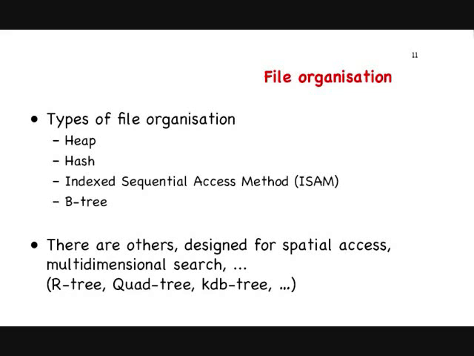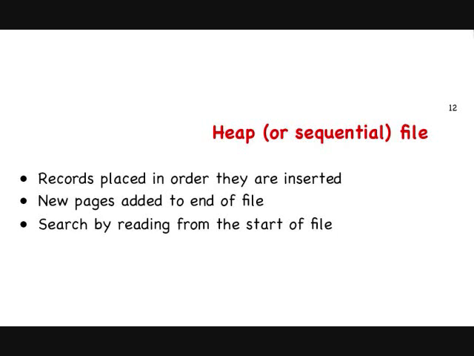B-tree has quite a lot of advantages, and actually every time you open up a Postgres database or a MySQL database and say create a table, what you're getting is a B-tree file. B-tree works because it doesn't have to be periodically reorganized. ISAM needs manual intervention. And then you've got the specialist stuff. We will not talk about those except to say there are many other sorts of index designed for specialized uses.